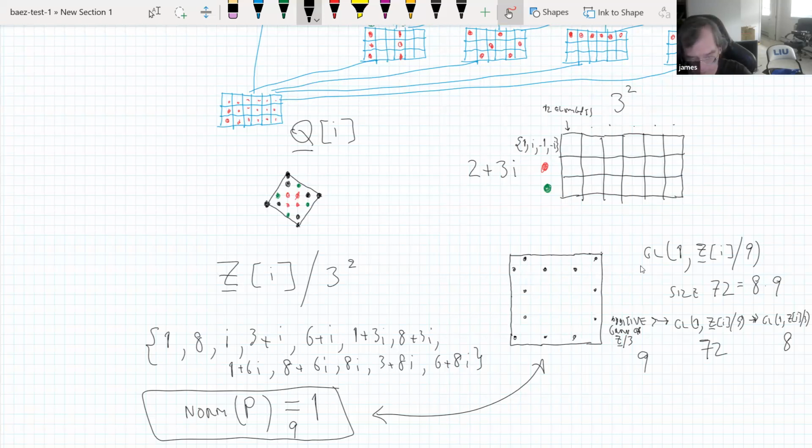These are the Gaussian numbers, modulo 9, whose norms are congruent to 1 modulo 9. So that's evidently some general fact about how relative splitting patterns work.